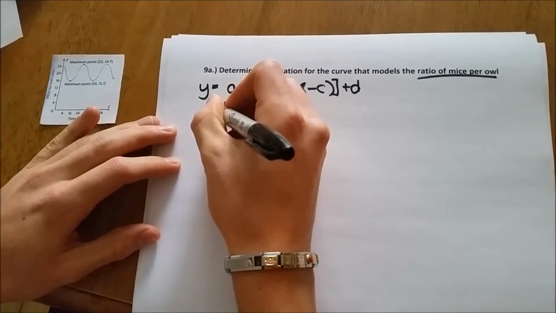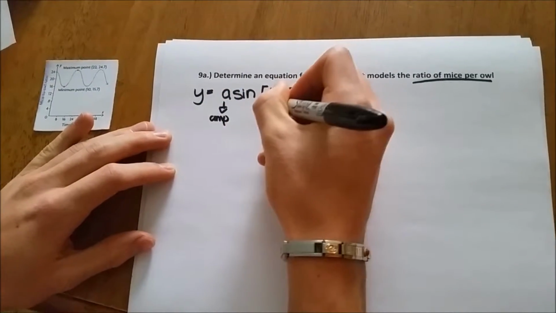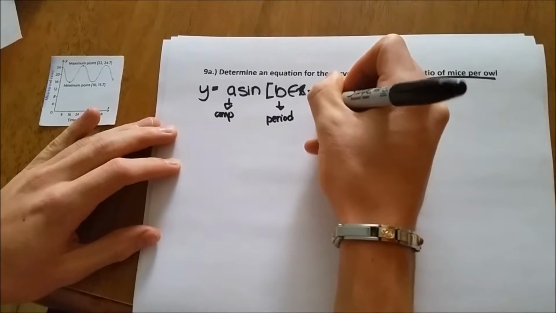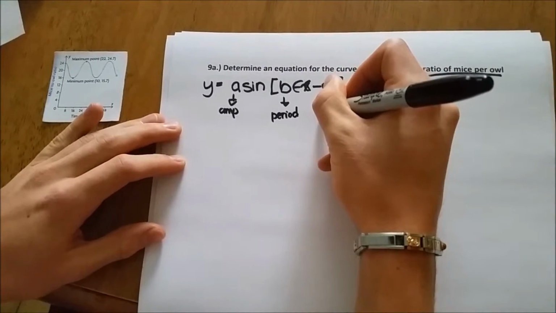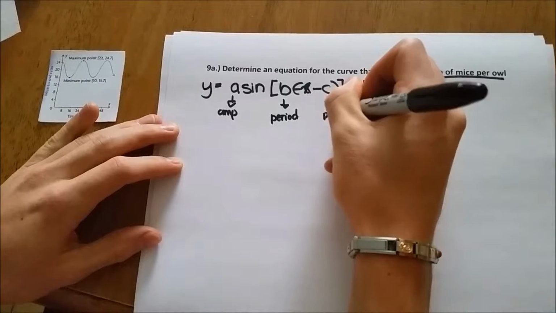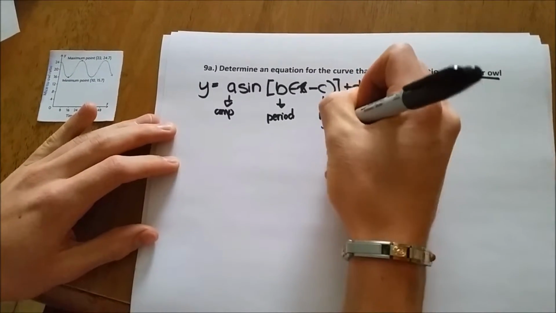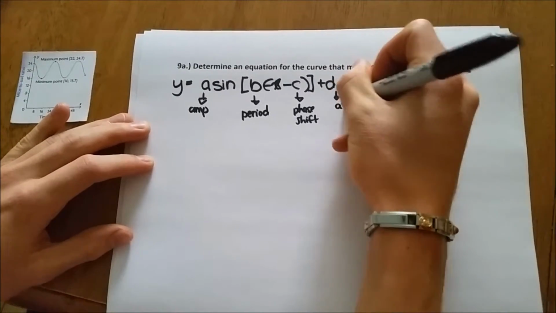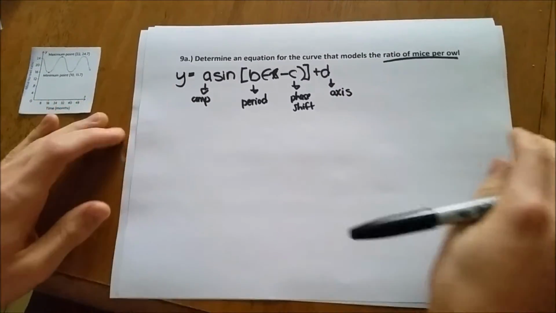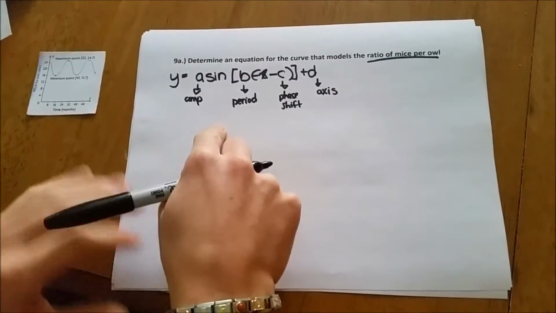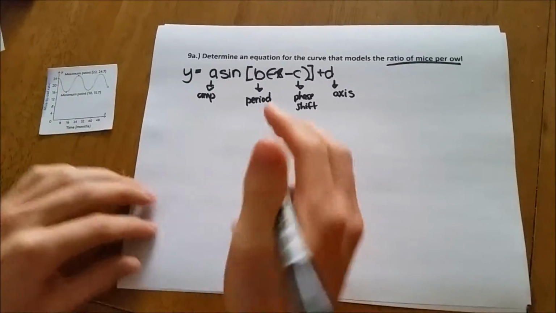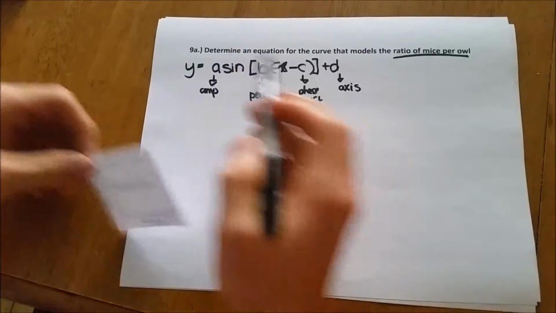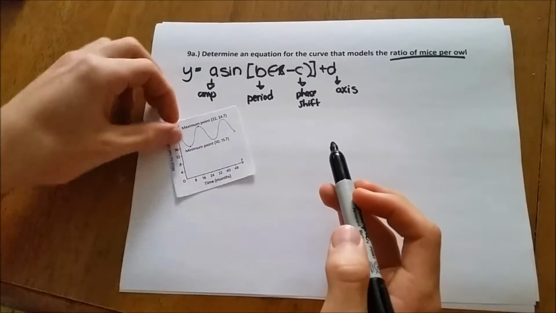A being our amplitude, b relating to our period, c is our phase shift, and d is our axis, or our vertical shift. Just by seeing all this, we can tell that we're in the trigonometric section of our textbook. So now we have to find this equation using this graph.